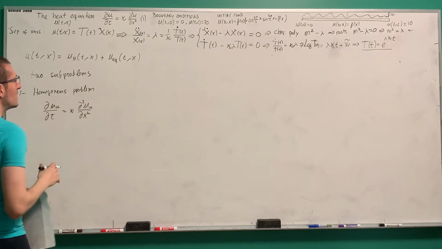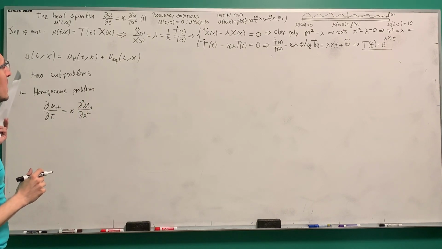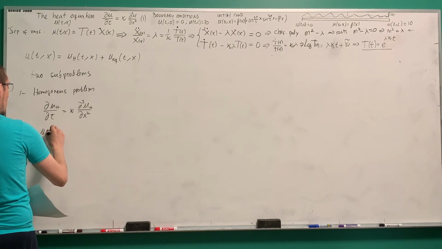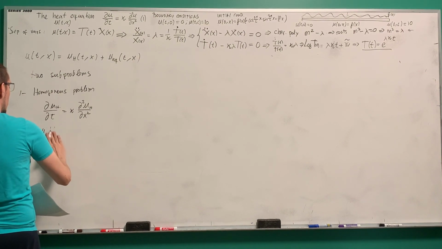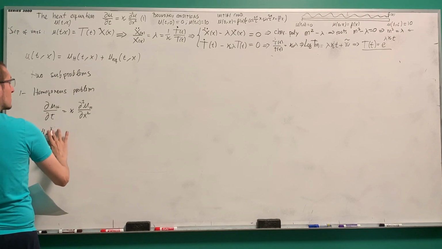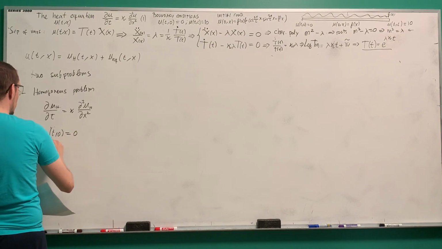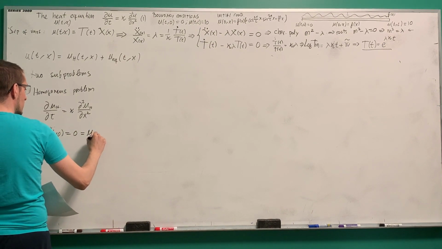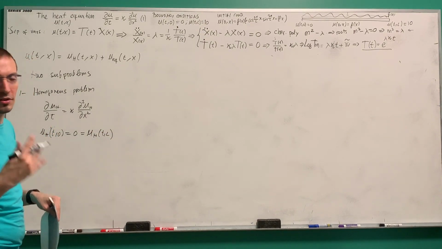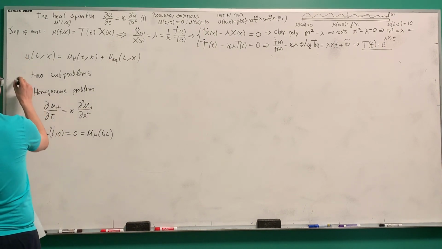Homogeneous means that I want it to satisfy the homogeneous boundary conditions. So I want this to be the same problem as we had before: u_H(0,t) equals 0, and the same for u_H(L,t). So you see, this is without imposing the initial condition. We impose the initial condition at the end. This is just to impose the boundary condition.